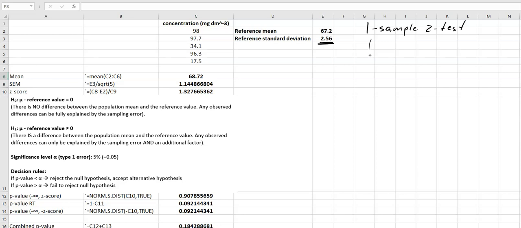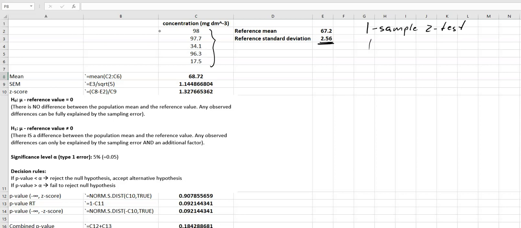Well, the first thing that we need to do is, we have some measurements. Let's say these are biomarkers of some patients here, and the biomarker is given in milligram per decimeter cubed or milligram per liter. So here is a sample of patients.